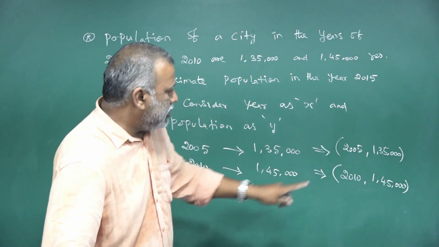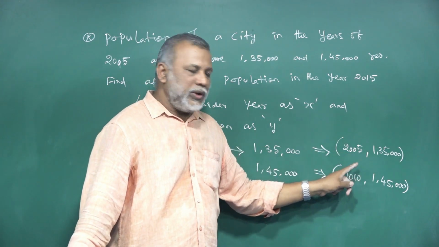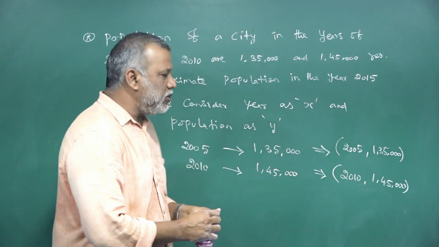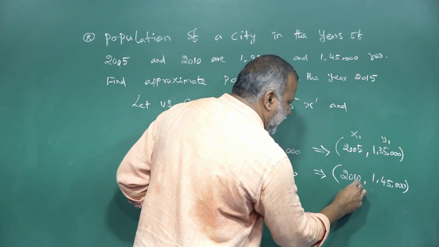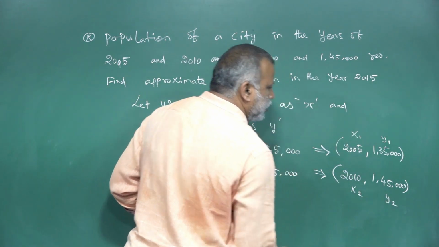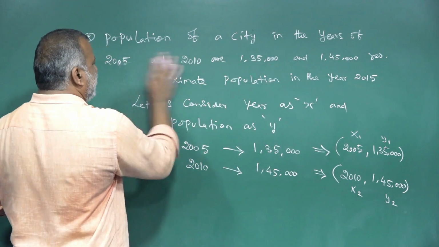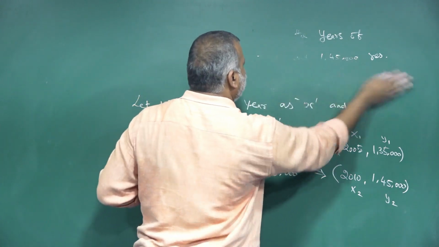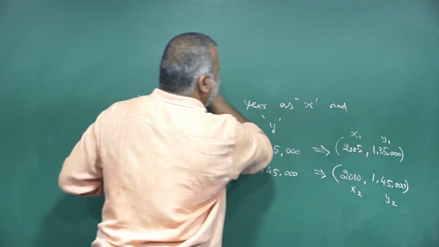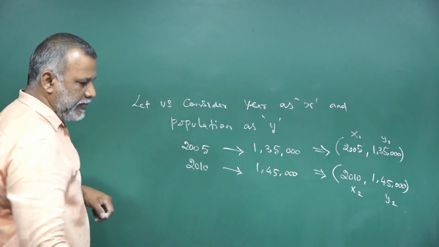So see here, this is the pair of points x1 comma y1, and another pair of points x2 comma y2. So give the names like this. Now we need the equation of the line joining these 2 points.